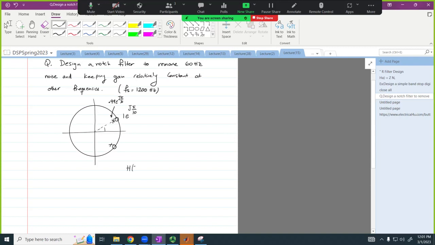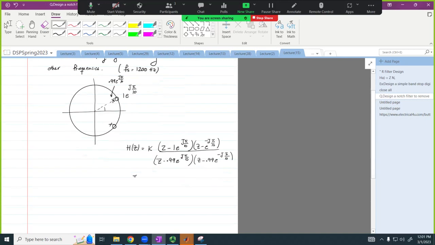What does H of z look like? The denominator has the factor z minus 0.99 e to negative j pi over 10.